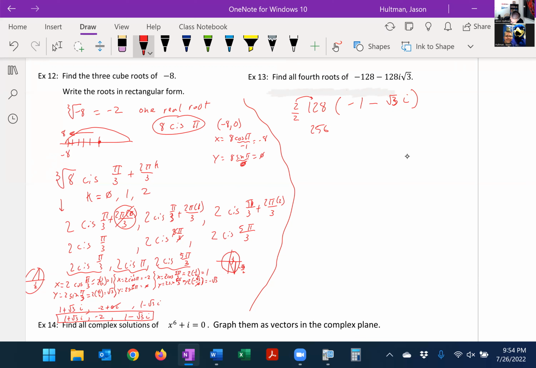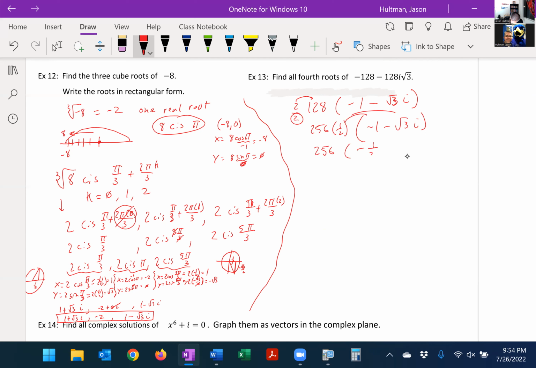And I could distribute the 1/2 on the bottom here, so this is like 256 times 1/2 times negative 1 minus radical 3i, and I'm going to distribute that 1/2 inside, okay?